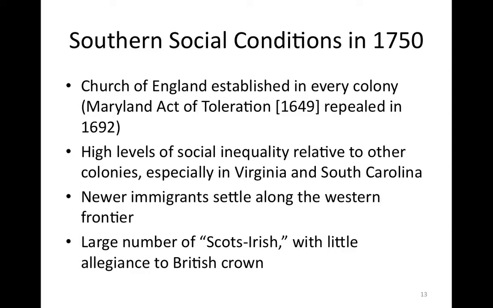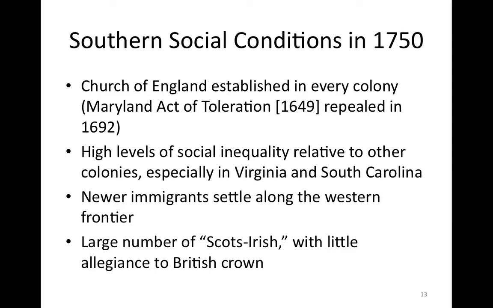Another thing to say about the southern social conditions is that there were a large number of Scots-Irish people. So these are people from Great Britain who had been displaced from Scotland into Northern Ireland. They were called Scots-Irish, and they were a very distinct ethnic group in Britain with little power, little capital, and many of them came and settled, especially along the Appalachian Mountains, all the way up from northern Georgia through western Virginia.